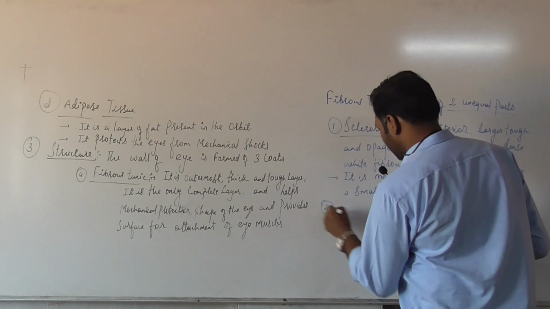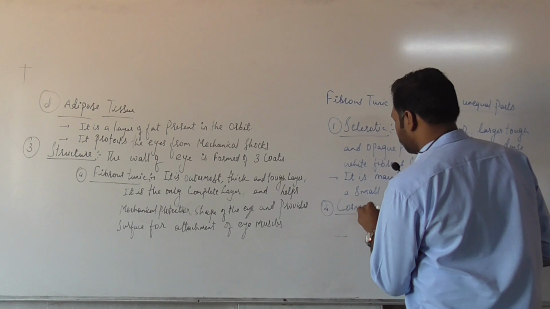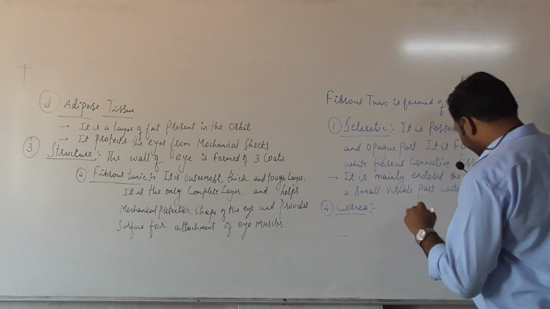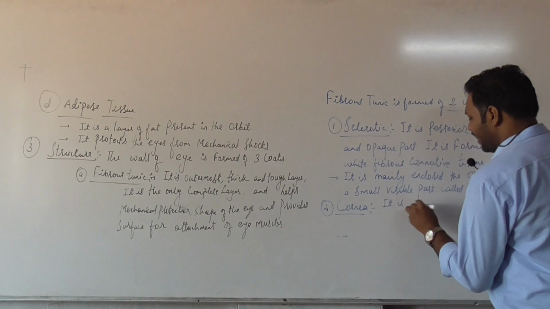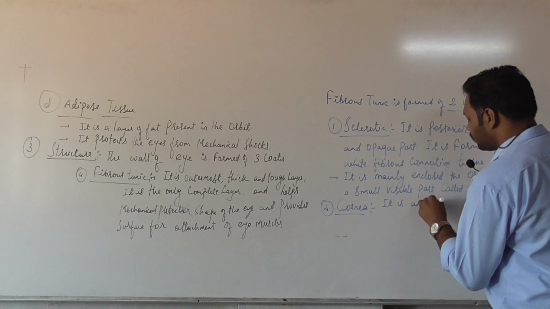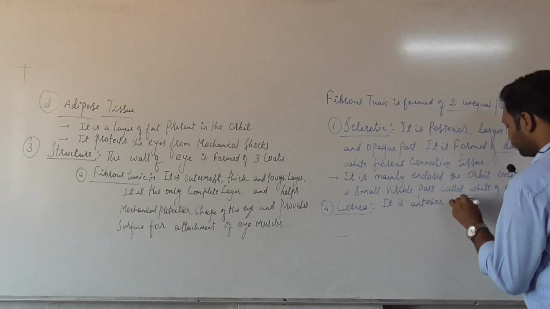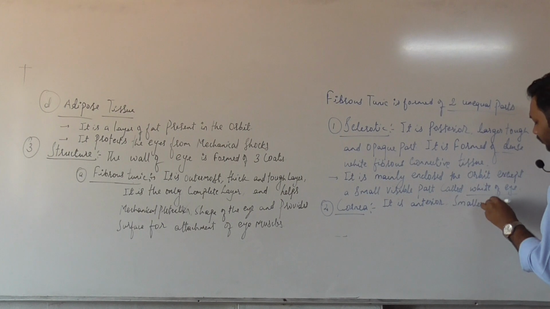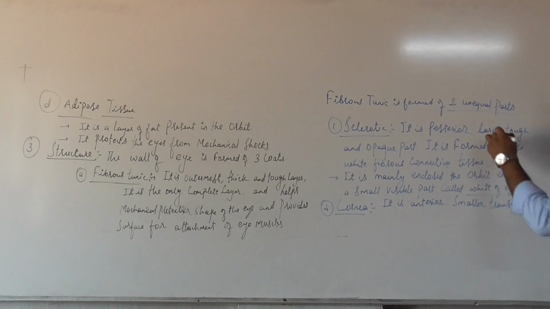Second is the cornea. So what exactly is cornea? It is anterior, smaller, transparent. So here we can understand why it is called two unequal parts, because one is larger and the other is smaller.